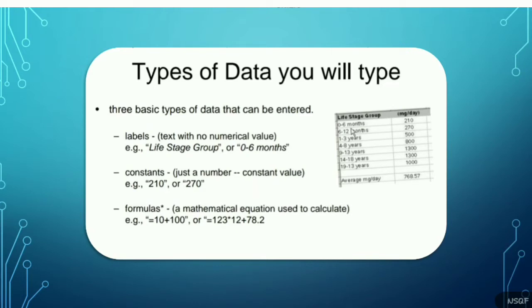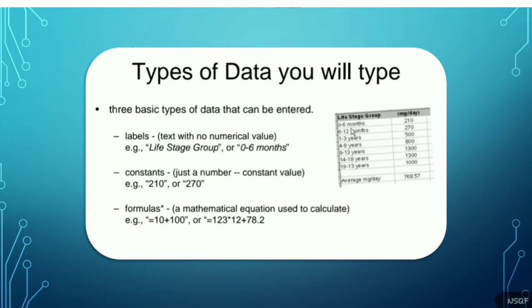What are constants? Constants are the numbers we put in, and formulas are the mathematical equations I have already told you about. For example, it is given here: 1 plus 10, or 123 into 12 plus 172.2.